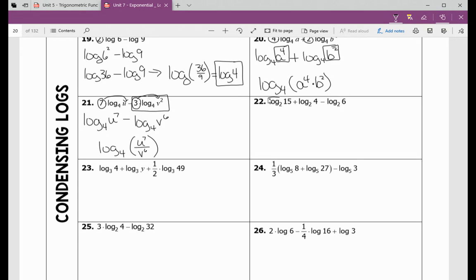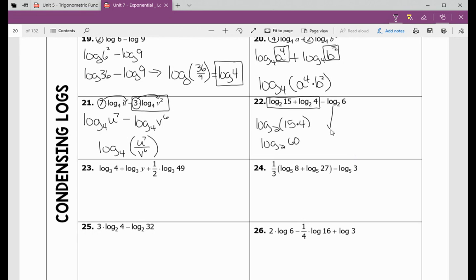So the first thing I'm going to do is condense these two logarithms by using the product property. So that would become one logarithm with 15 times 4, which becomes log base 2 of 60. Do y'all agree with that?